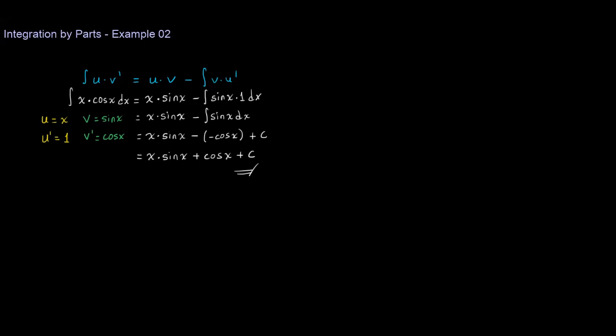Now I'm going to prove it using the idea of the fundamental theorem of calculus. That is to say, I'm going to take the derivative of it. So I'm going to take the derivative here on the right side: the derivative of x times sine of x plus cosine of x plus c. If I take this derivative, I should get back to x times cosine of x, which is where we started.